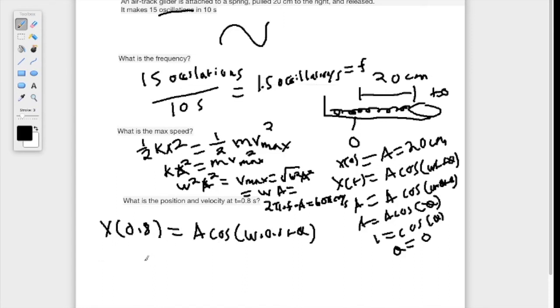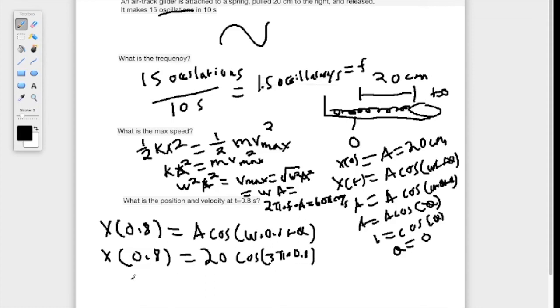We know that the amplitude is 20 centimeters, the angular frequency is 3 pi, the time is 0.8, and the phase constant is 0.